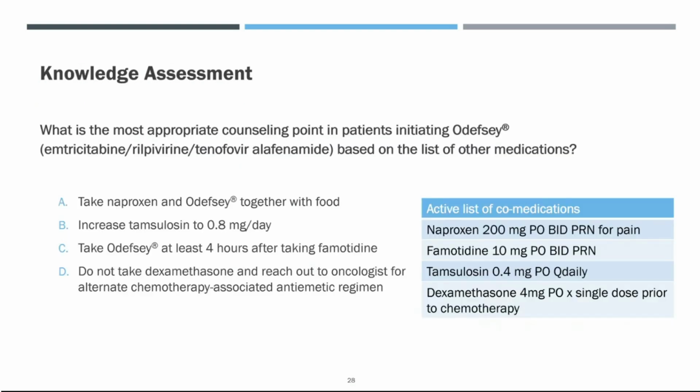We have our next question. What is the most appropriate counseling point for a patient starting Complera, which has emtricitabine, rilpivirine, and TAF components, based on the list of other medications? He's taking naproxen, famotidine, tamsulosin, and a single dose of dexamethasone prior to chemotherapy.